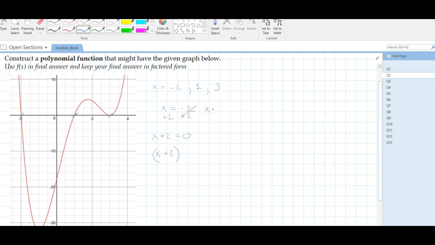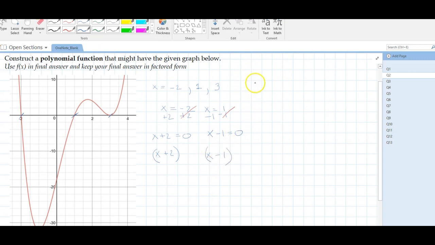We have x equals 1. Now we subtract 1 from each side of the equal sign. So we have negative 1, negative 1, and that cancels. So we have x minus 1 equals 0.